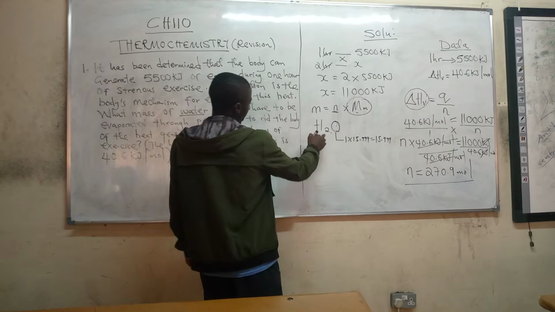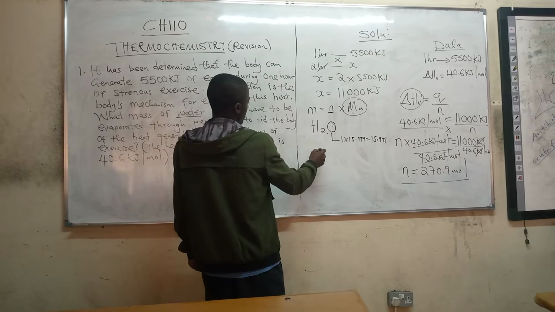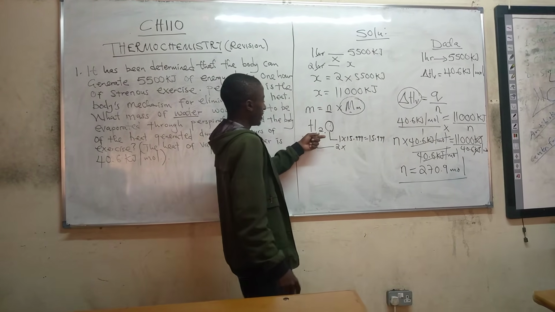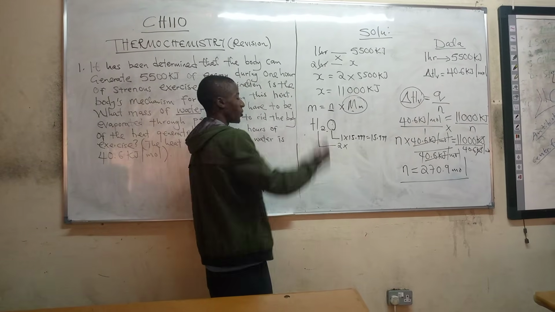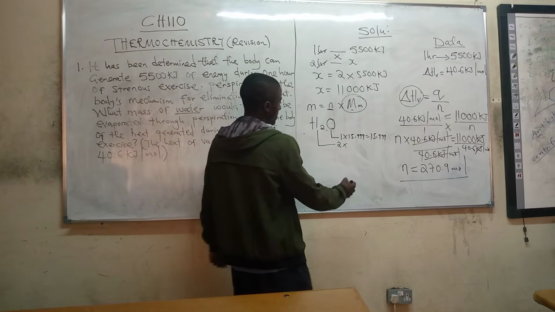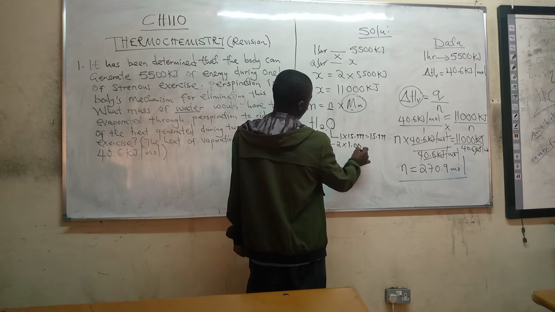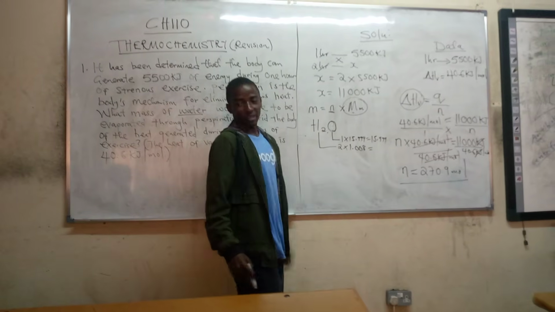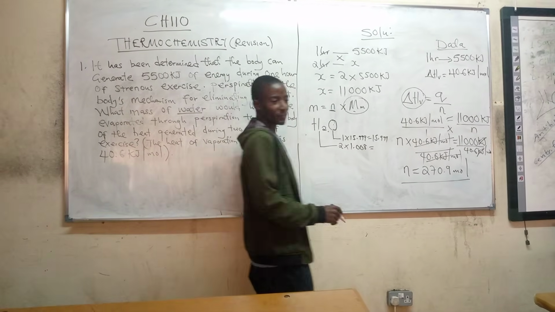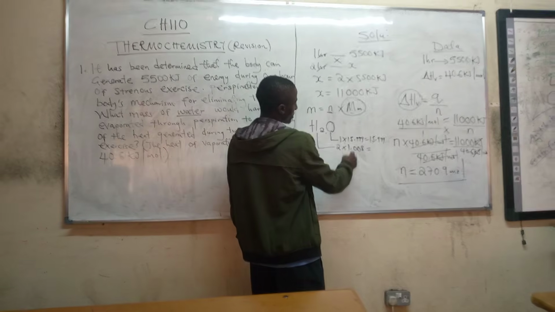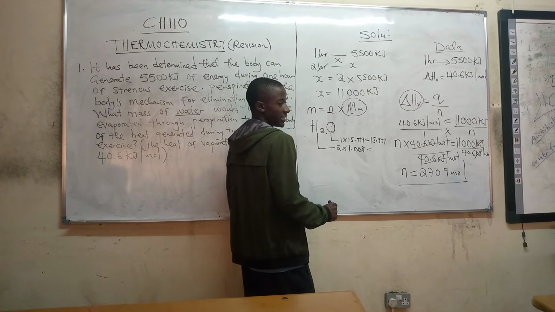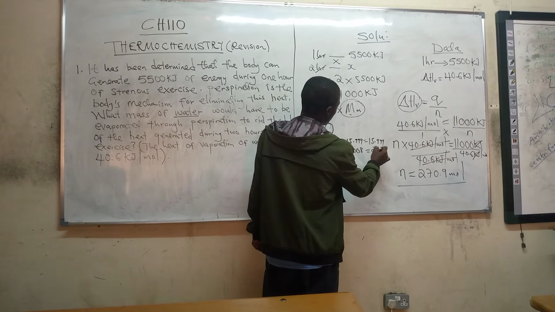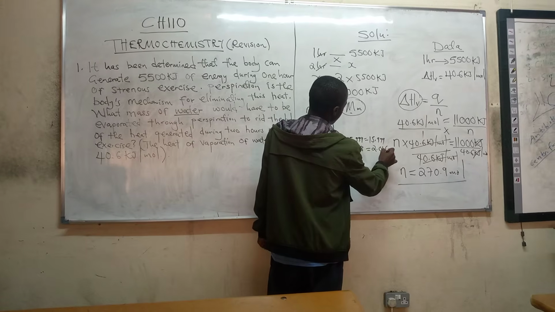1 times 15.999, you're getting 15.999. And then we are having 2 atoms of hydrogen. So that is 2 times the relative atomic mass, the number found on top of the periodic table of each element, which is 1.008. When you multiply 2 times this number, you get 2.016.